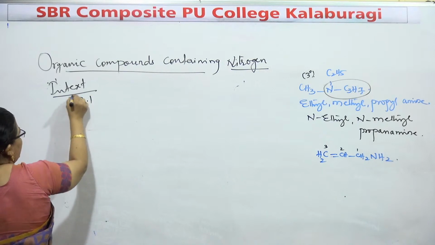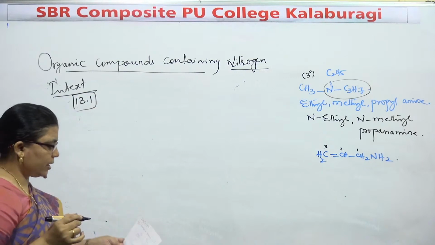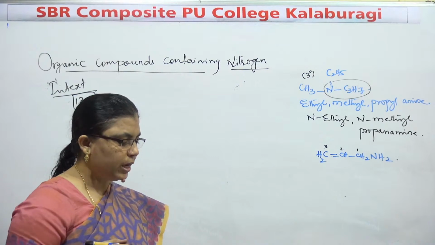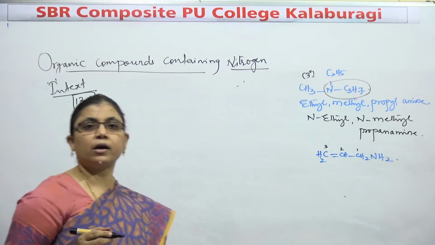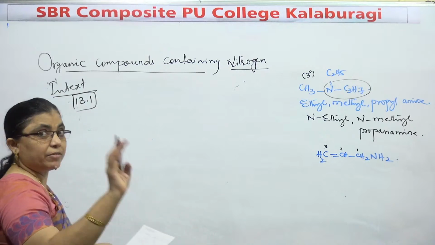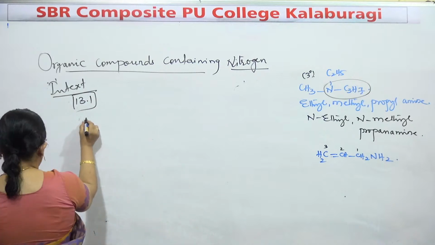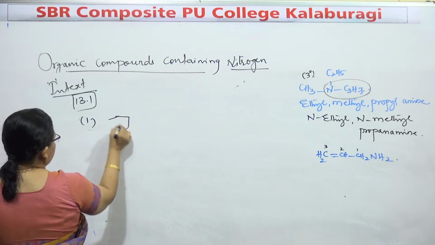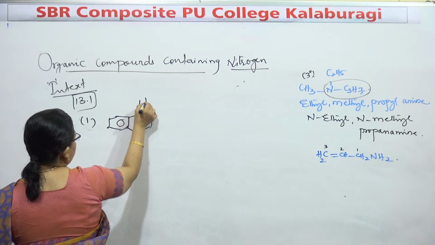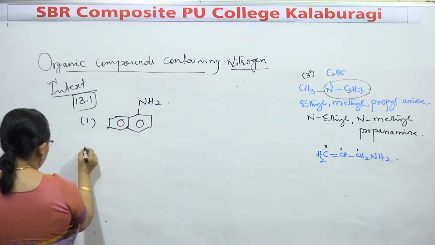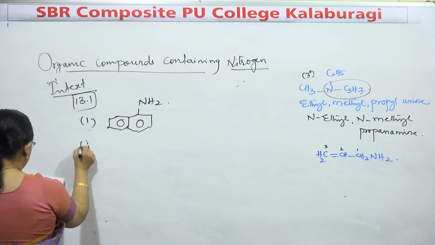I'm reading from this book only. Classify the following into primary, secondary or tertiary amine. There are 4 examples given. One by one: the first is naphthalene containing an amino group.